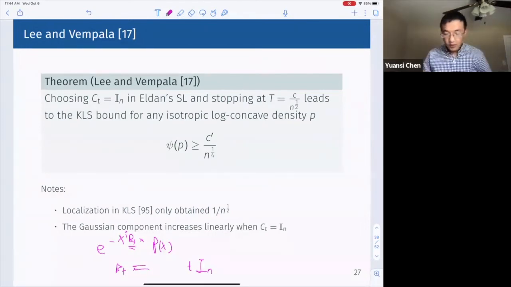So you have this Gaussian part increasing linearly, and you know that if you run it for a very large time, like we've seen in simulation, this Gaussian part will crush the original density, and it becomes just a single point. So you have to do some kind of early stopping so that you still have some information about your original density. You don't crush all the information into one point.